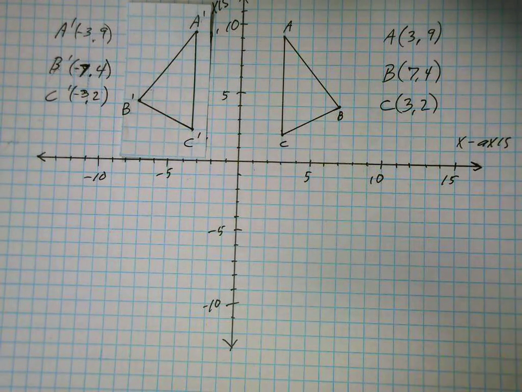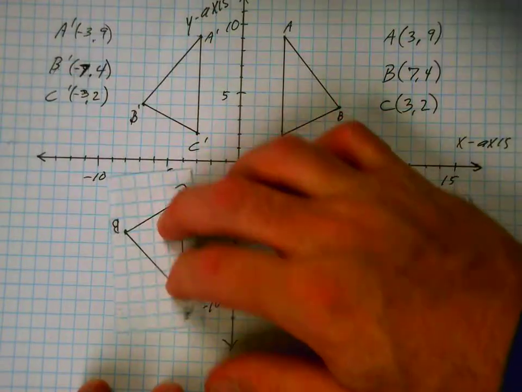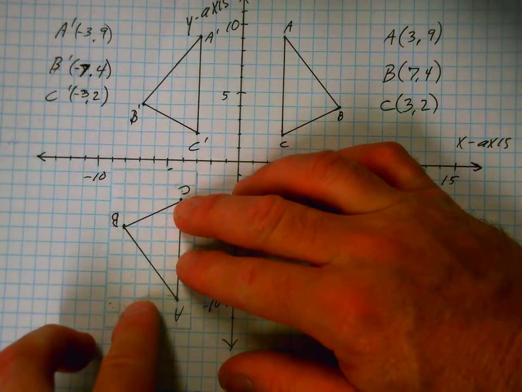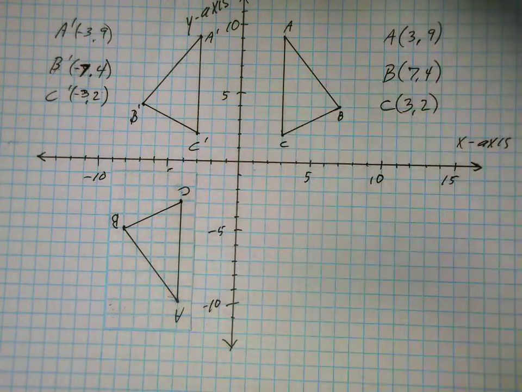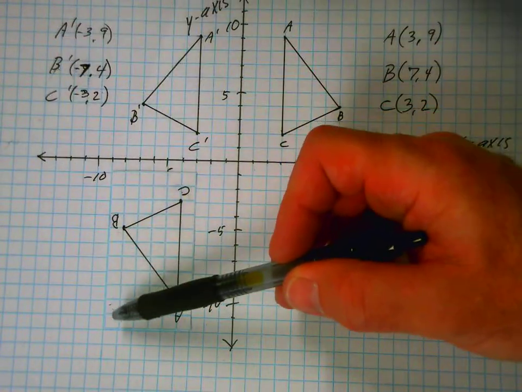So now we're going to take this and reflect it over the x-axis. Before we draw them, does anybody want to speculate as to what the numbers involved with A prime are going to be when they come down here?